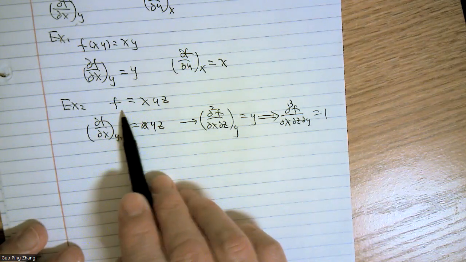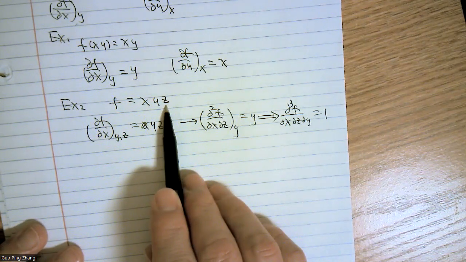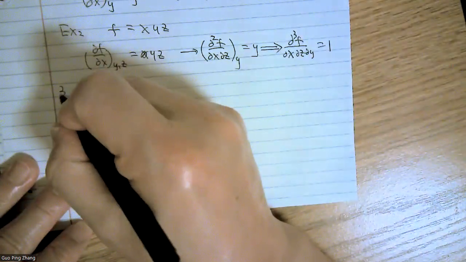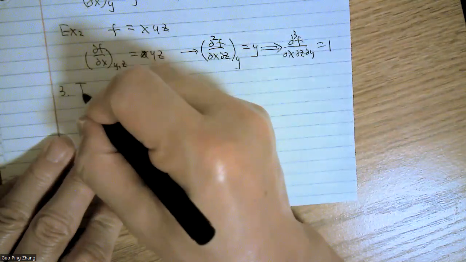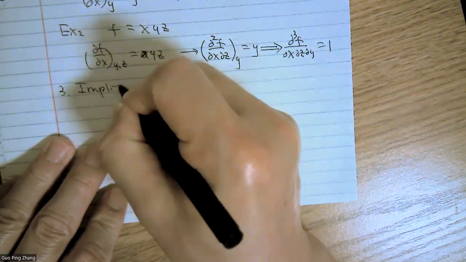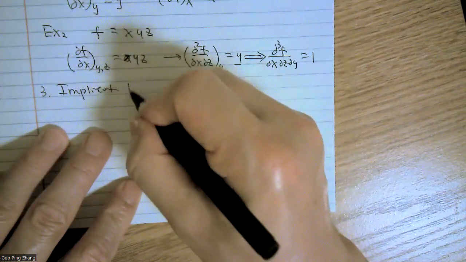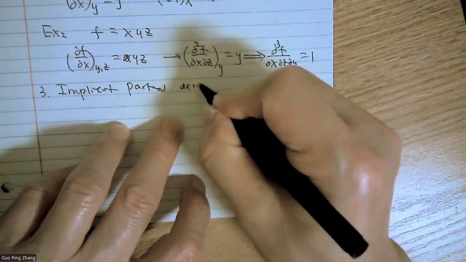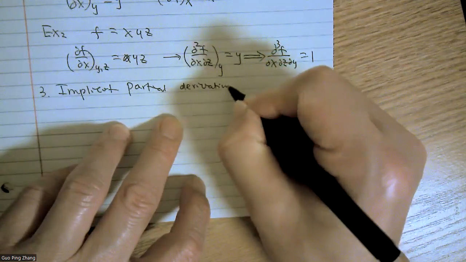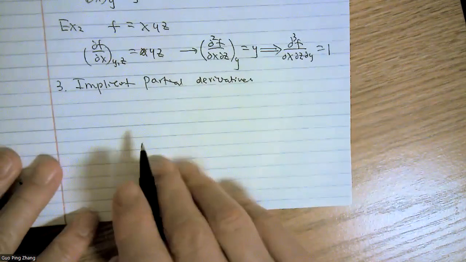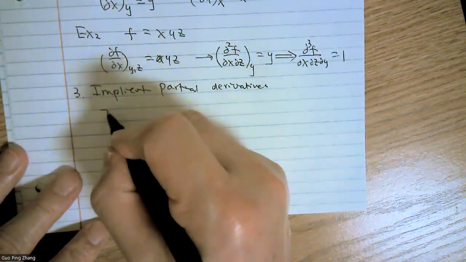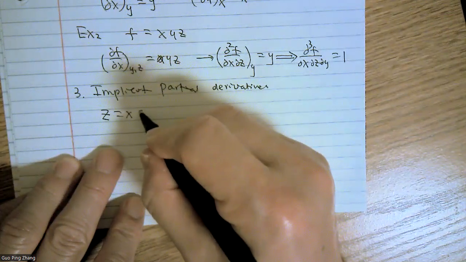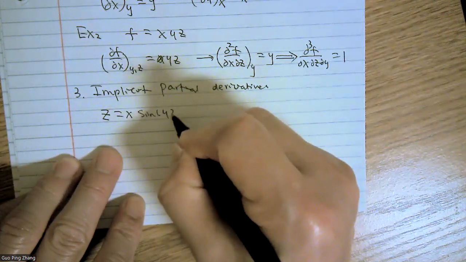On the left is a function, on the right are its variables. But sometimes it's not that obvious. Let me show you another, more complicated situation. Suppose I have an implicit partial derivative. This one is slightly more complicated. Suppose my function is z equals x sine yz.